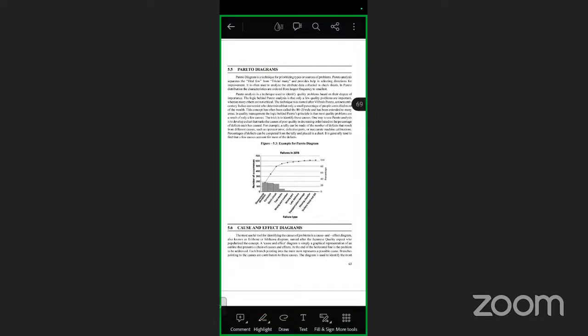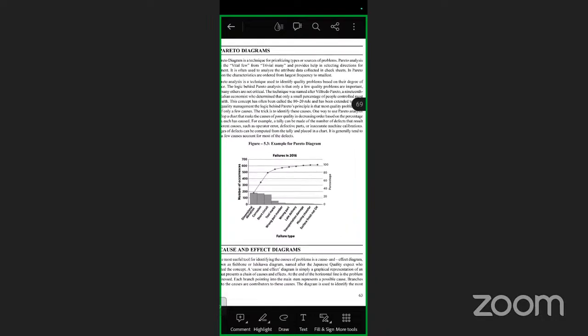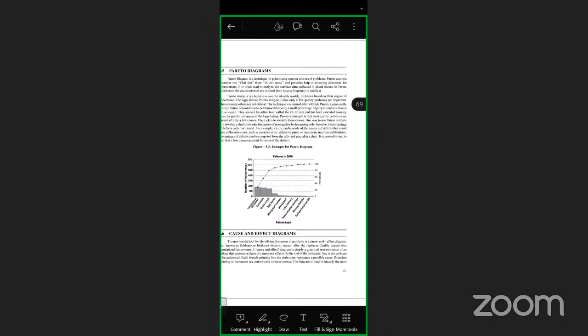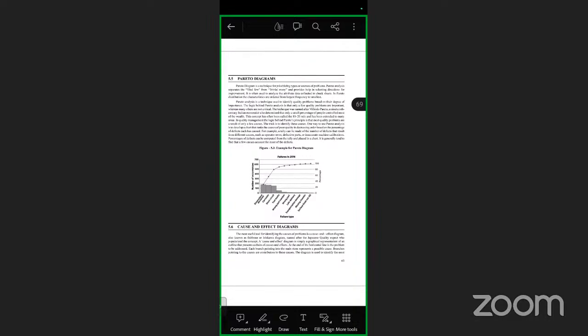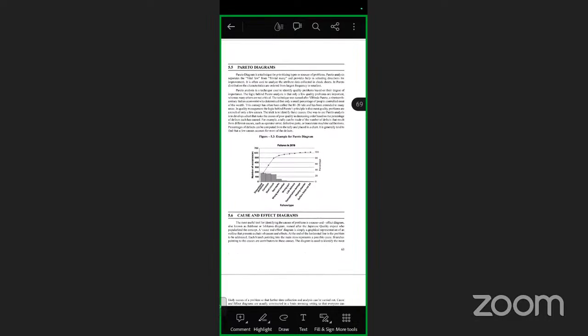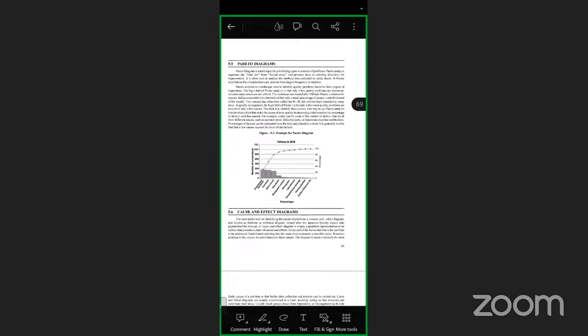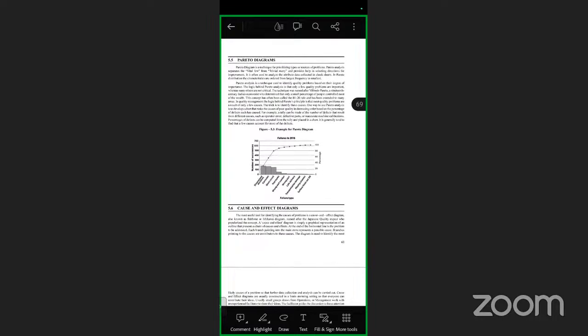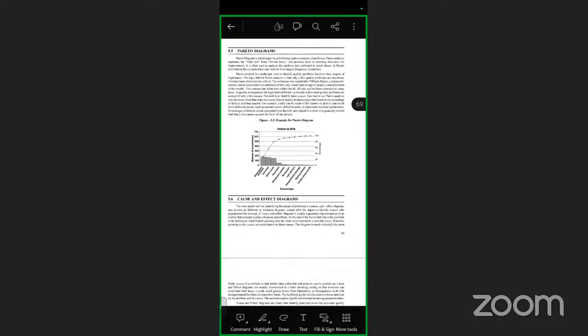For example, a tally can be made of the number of defects that result from different causes, such as operator error, defective parts, and inaccurate machine calibration. The percentage of defects can be computed from the tally and placed in a chart. We generally tend to find that a few causes account for most defects.